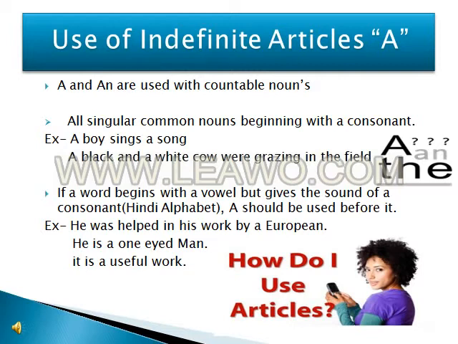In the same way, in the second example, he is a one-eyed man. We used a before one because one produces the sound of wa, and wa in the Hindi alphabet is a consonant. And in the same way, in the last one, it is a useful work. Again, useful produces the sound of ya, that's why a is here. I hope that is clear.